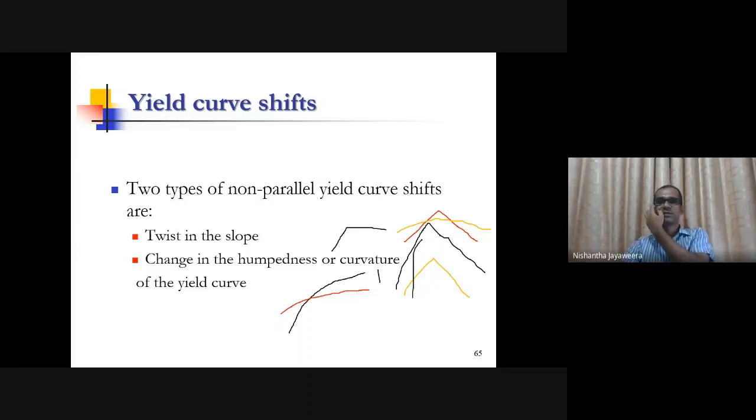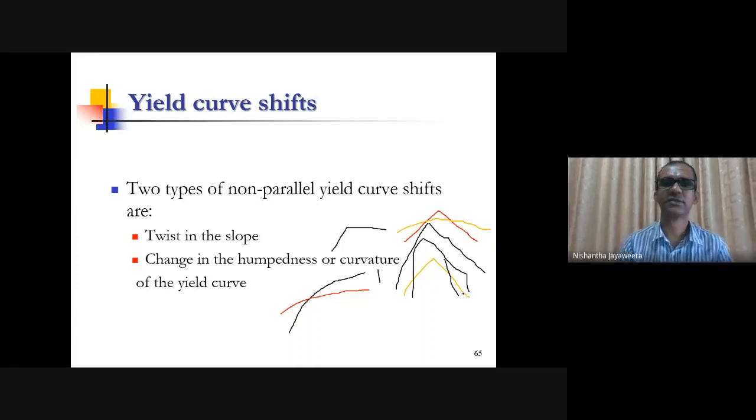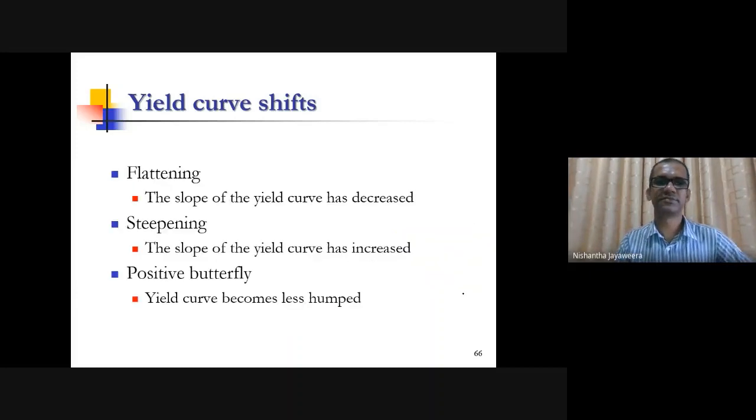Or it can be like this. Two ends yield drops, but the belly yield increases. So any sort of things. That is the non-parallel yield curves.